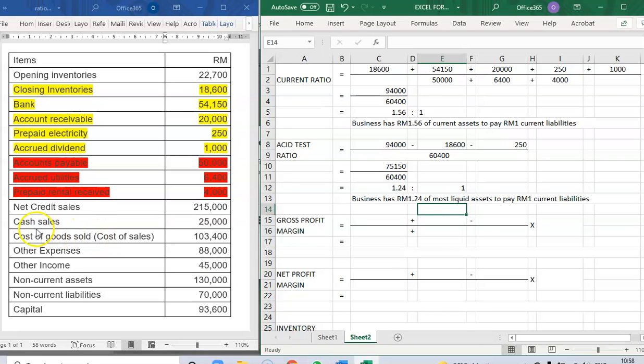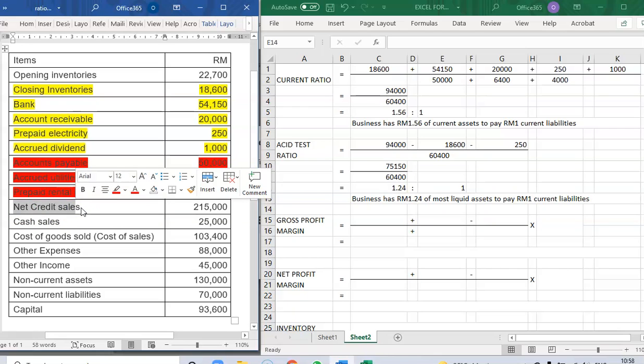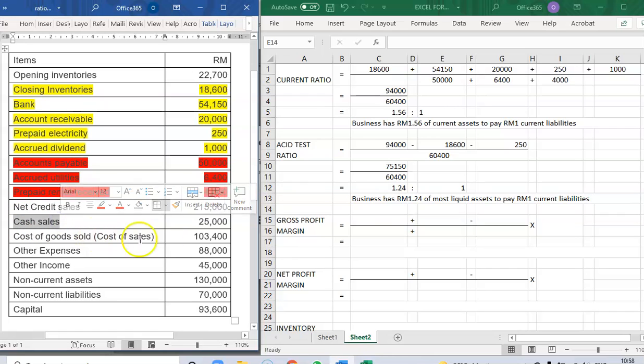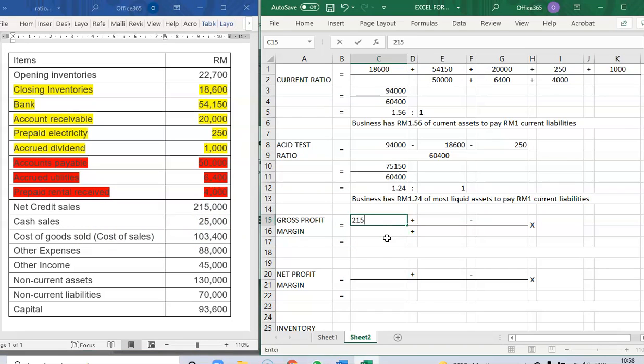So here you have 2 different data of sales. Here it says net credit sales, means that it's already deducted with returns and also discount allowed. And another one is cash sales. So you will total those sales, 215,000 and also 25,000 of cash sales, because sales can be in terms of cash, means that it's already paid, and credit sales means that they have delayed the payment.